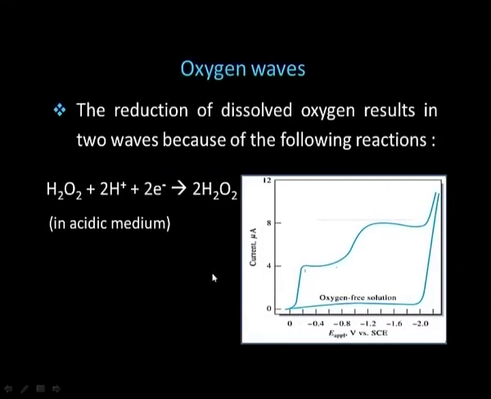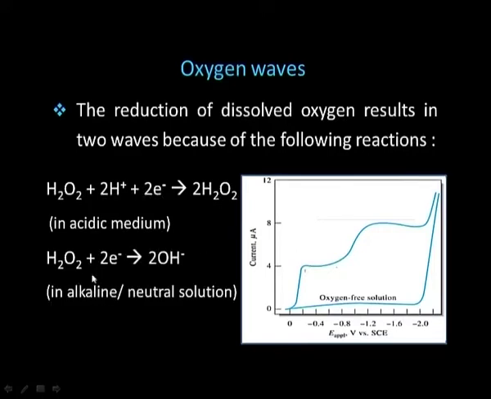The reduction of dissolved oxygen results in two waves. In acidic medium we have seen H2O2 plus 2H plus plus 2 electrons, giving 2 H2O. This reaction occurs in the second wave. Then in alkaline or neutral solution, the reaction takes place where hydrogen peroxide takes 2 electrons to give 2 OH minus.